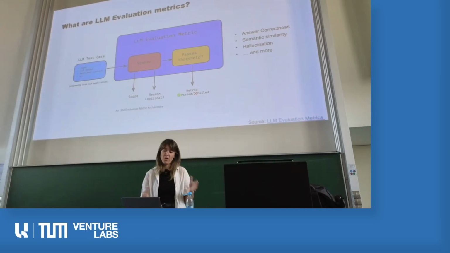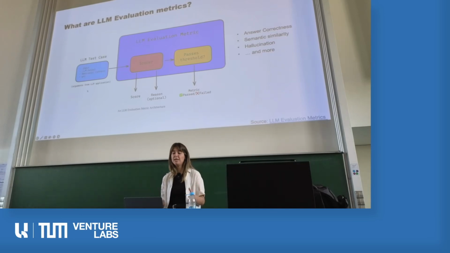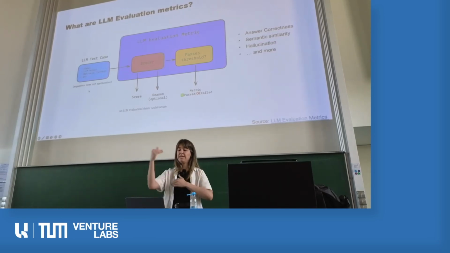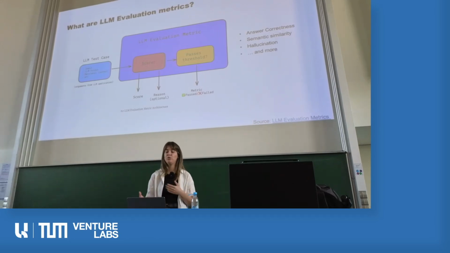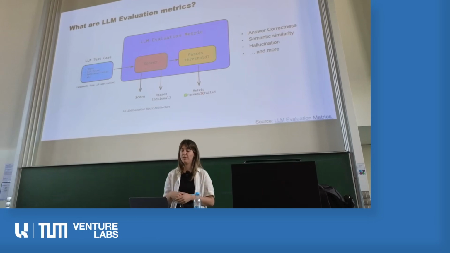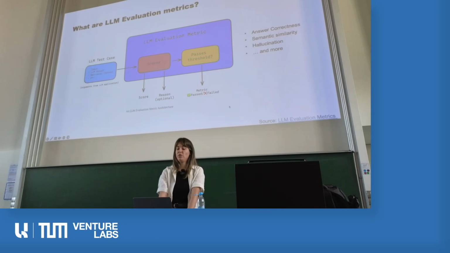On the left-hand side, we have the LLM test case. This is your data. As I said, in the data model, you have the input, the LLM output, the response, the retrieval context, etc. What LLM evaluation metrics entail is a scorer and a threshold.